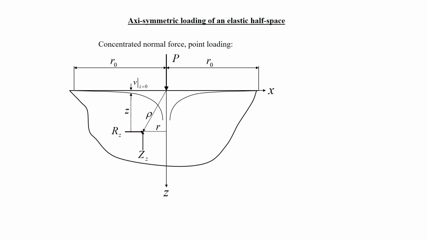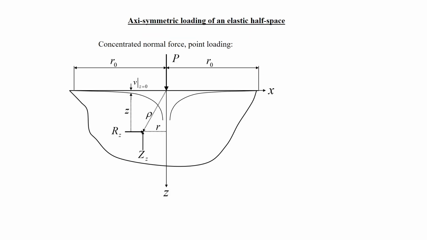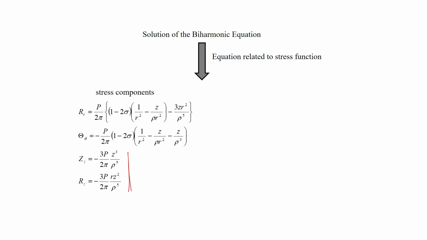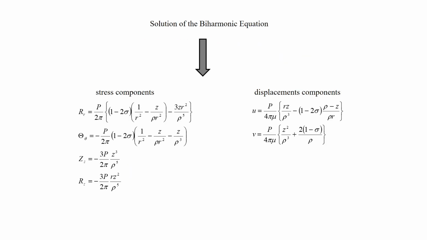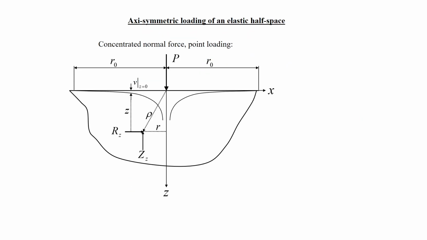However, I would like to say that we can find it in r and theta coordinates, and finally we can get the expressions for the normal stresses sigma_z and sigma_r, which are written here. And we are mainly interested in the displacements. So, the displacement components can be written like that. I have already defined what rho, r and z are here.